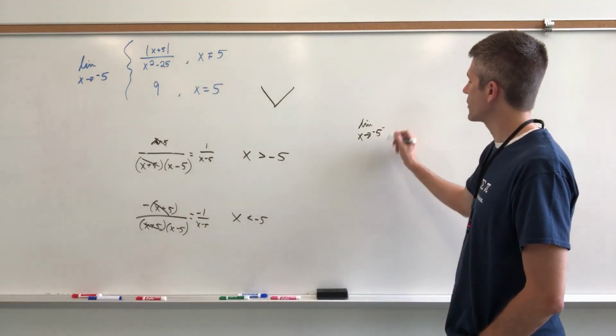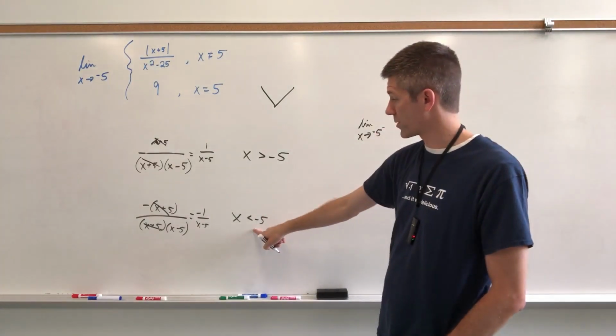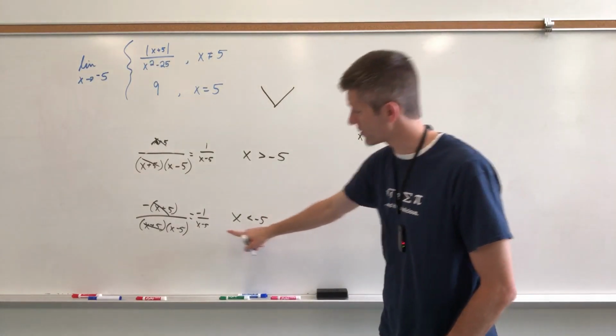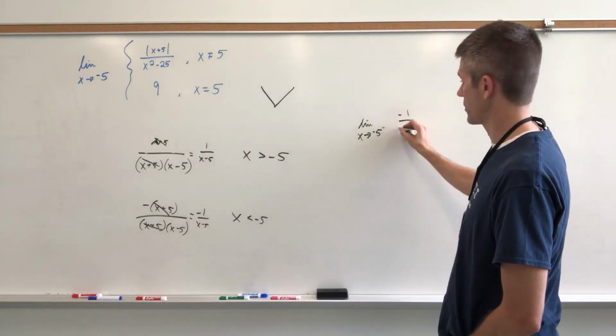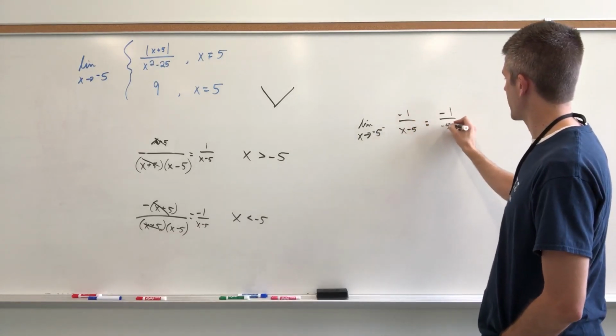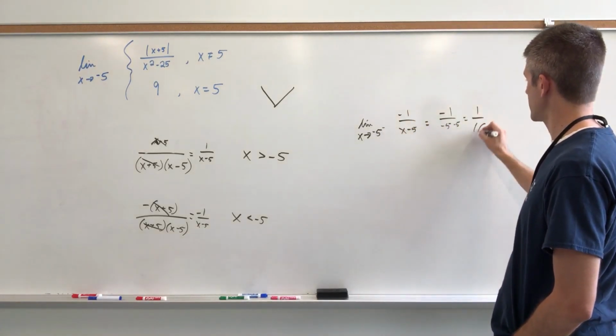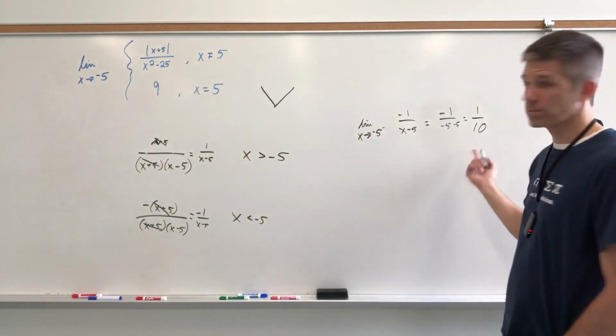I'm approaching negative 5 from the left. And if I'm approaching it from the left, I'm going from things that are less than negative 5. So I'm going to plug it into this one. So negative 1 over x minus 5. And that's going to be negative 1 over negative 5 minus 5. That's going to give me positive 1/10. Okay? So as we approach negative 5 from the left, we get positive 1/10.